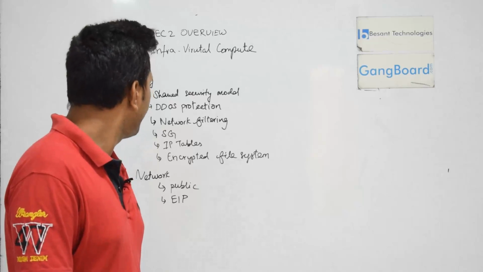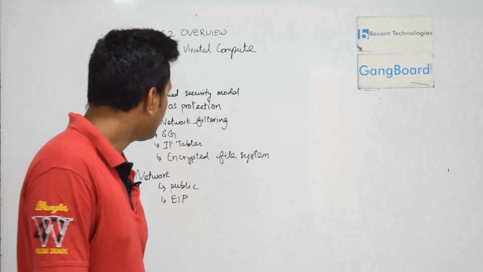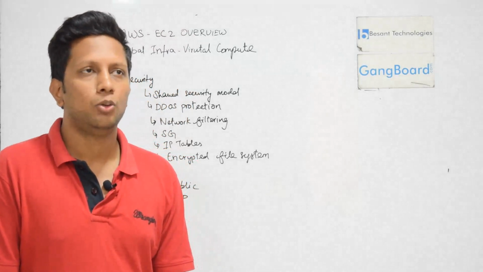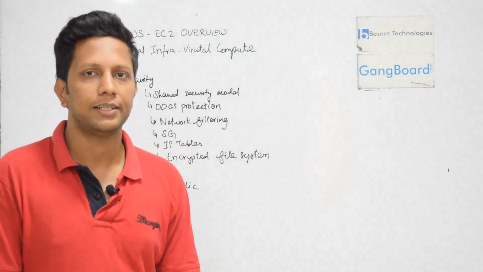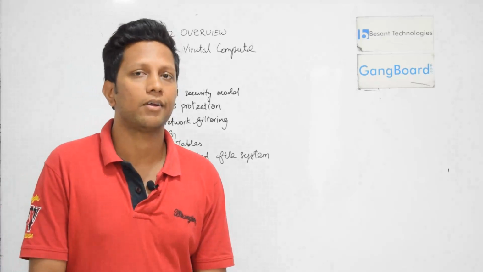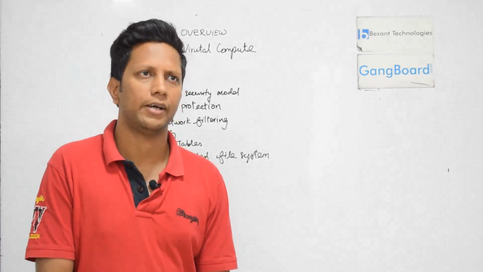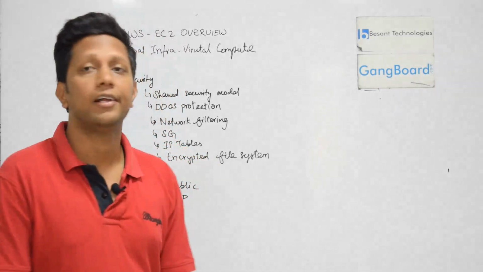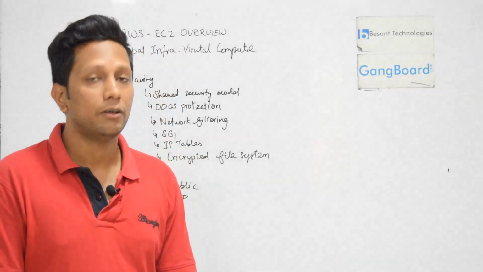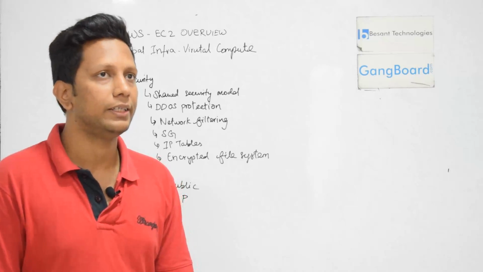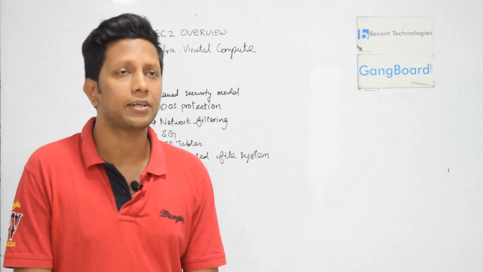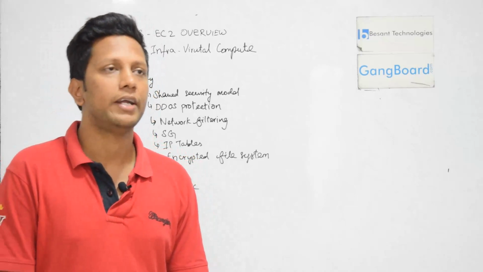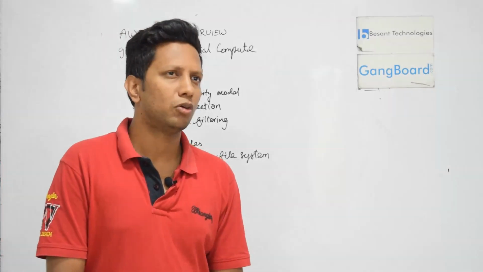And when you look at the security aspects of data, there are two kinds of security we can use. One is data at rest, and another one is data in flight. For data at rest, you can go with the encrypted file system, where the data you store in the EBS volumes is going to be encrypted. So that's for data at rest.